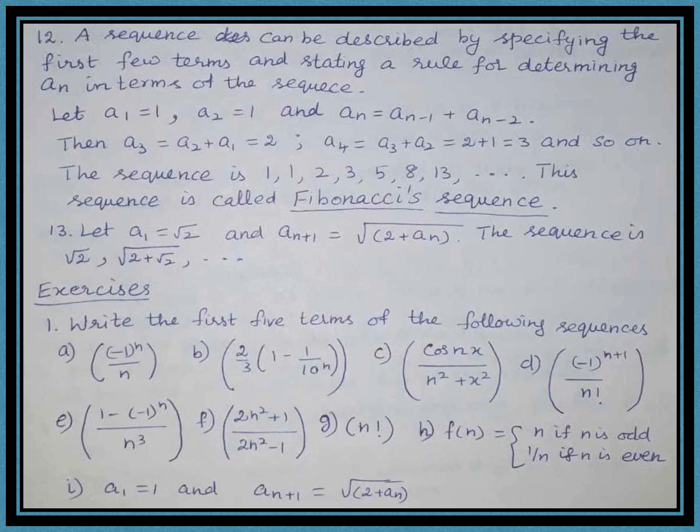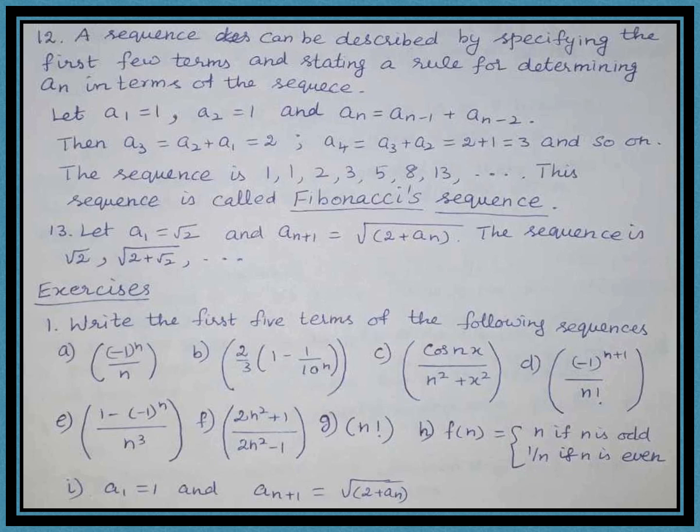So when we put n = 3, we get a3 = a_(3-1), that is a2, plus a_(3-2), that is a1. So we know a2 = 1, a1 = 1, therefore we get 1 + 1 = 2. When we calculate a4, that is going to be the sum of the previous two terms, that is a3 and a2. Therefore it is 3, and so on.